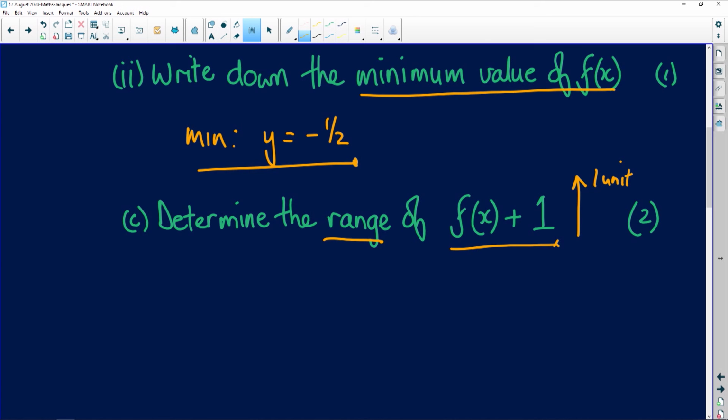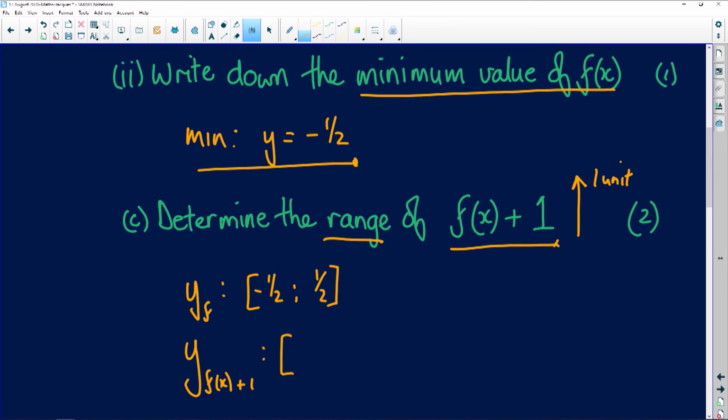Now, if I put the range down of the original, the range of f was the elements minus a half to a maximum of a half. Okay, so what is the range of that f of x plus 1, if I can call it like that? Well, the whole graph moves up 1.